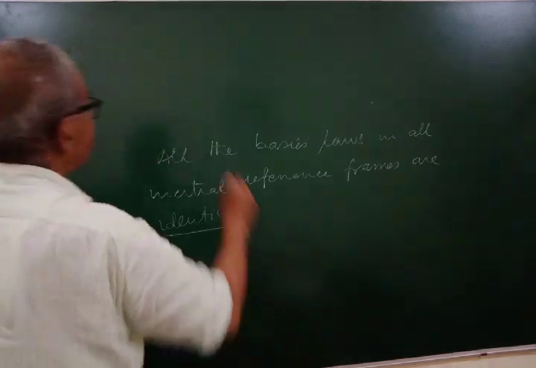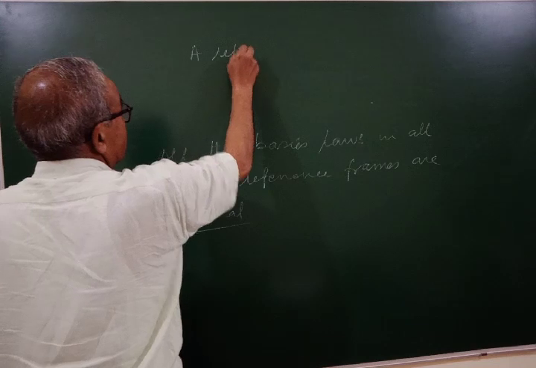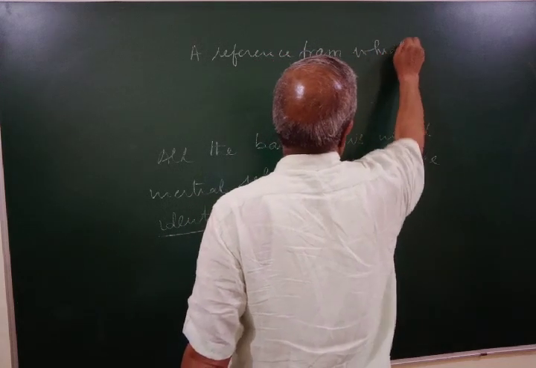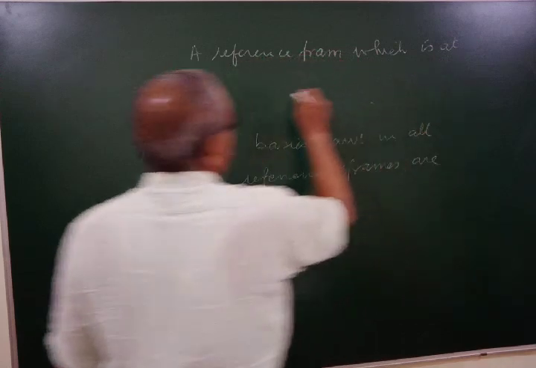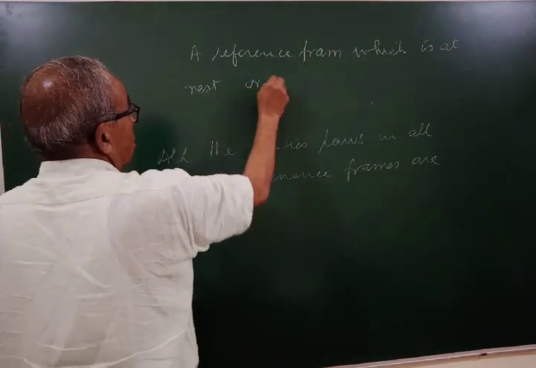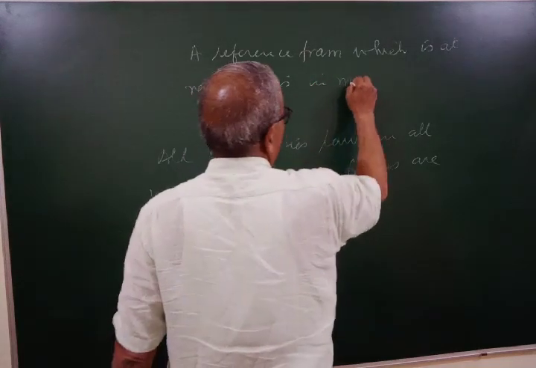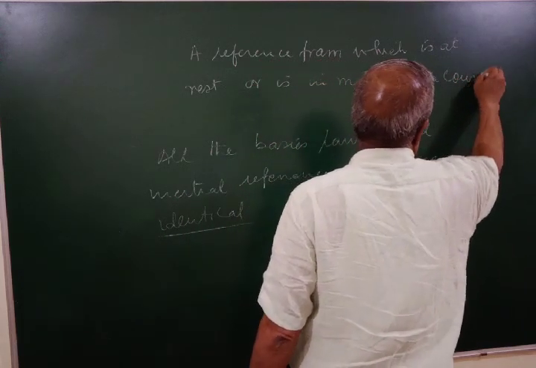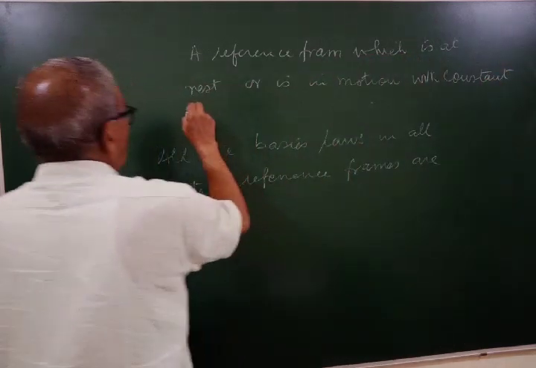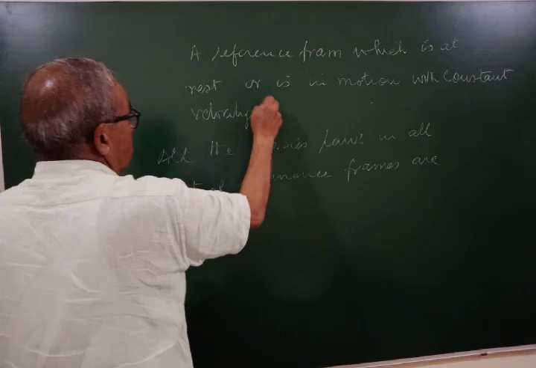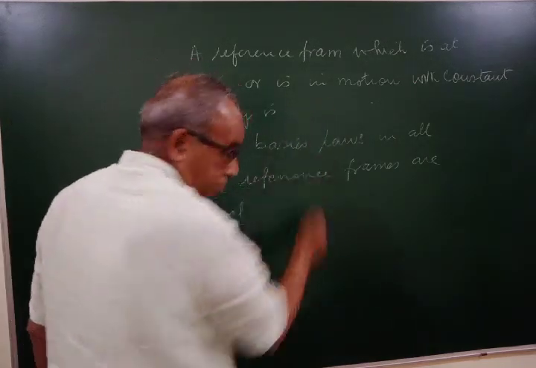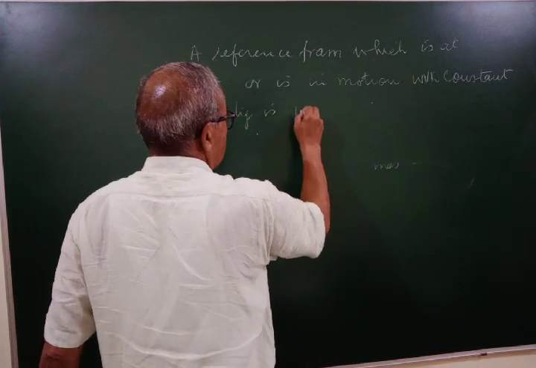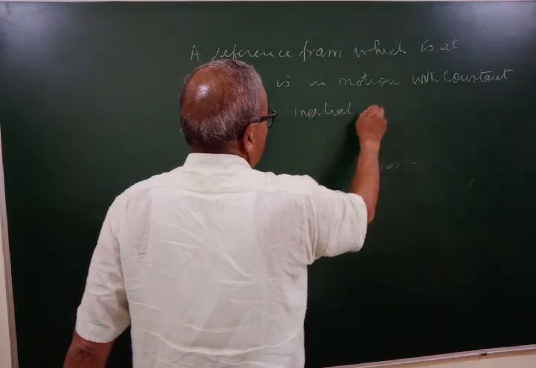So a reference frame which is at rest or is in motion with constant velocity is called inertial reference frame.